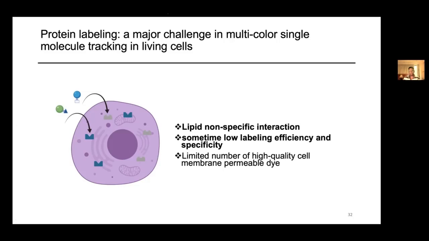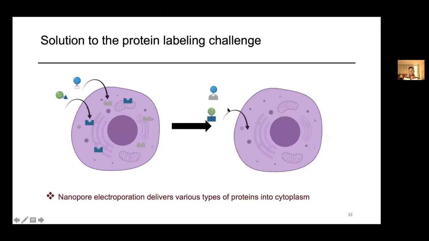Because of these limitations, we wondered whether it's possible to use nanopore electroporation to promote multicolor single molecule tracking. The idea we have is, why don't we just purify the proteins that we want to image or analyze, do the labeling outside the cell, and then send the labeled proteins into the cell through nanopore electroporation.